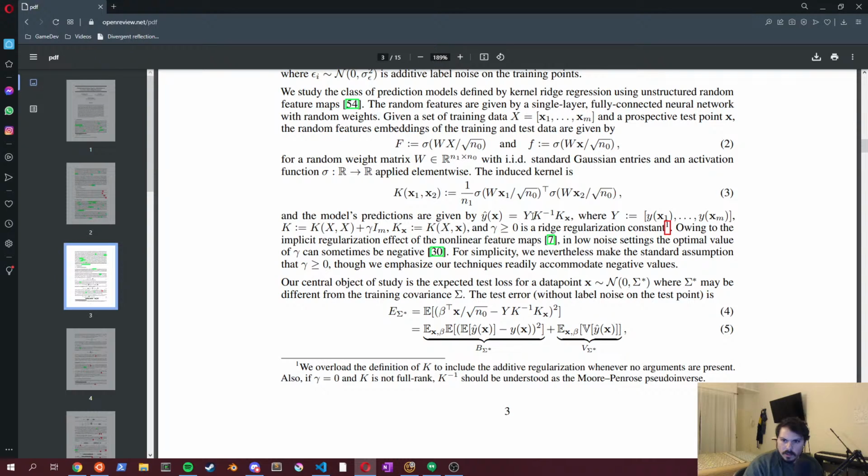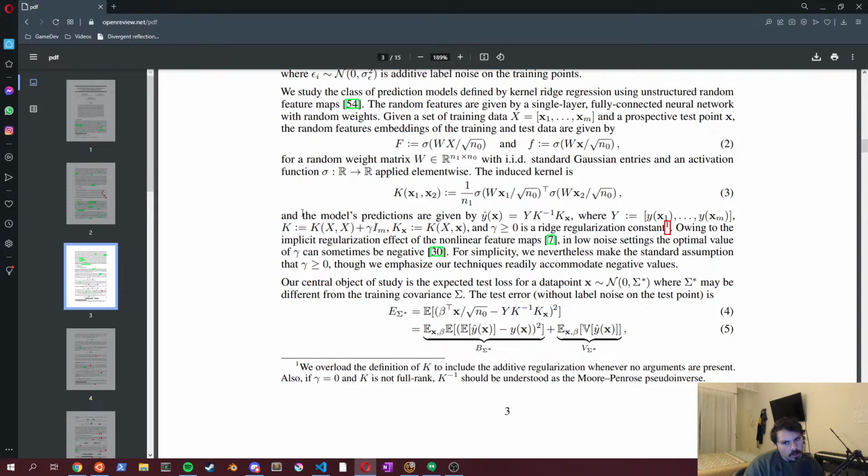And so that's why they've constructed this k. They're saying the error is just the expected value of the outputs of the neural net, which is this piece, and the true values here.